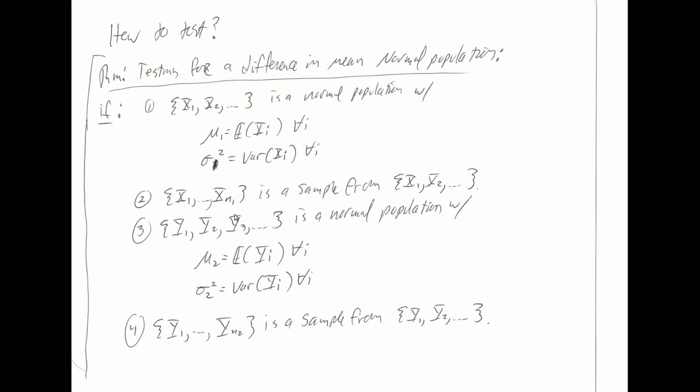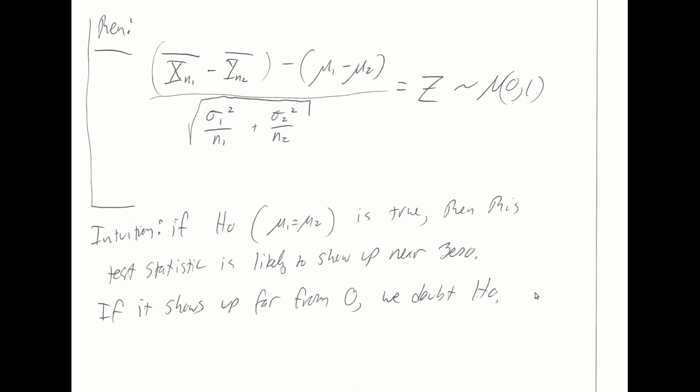So we've got a sample from the first population of size n sub 1, and we've got a sample from the second population of size n sub 2. With these two samples taken from these two normal populations, we can form this statistic. So this is a random variable defined in terms of two samples, one taken from the first population and one taken from the second.